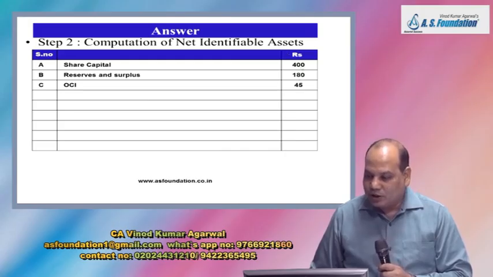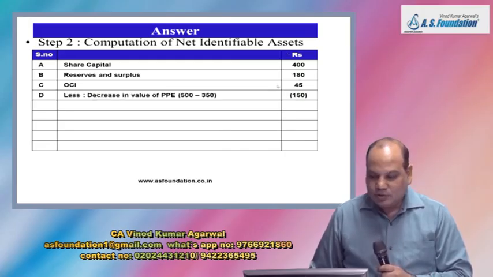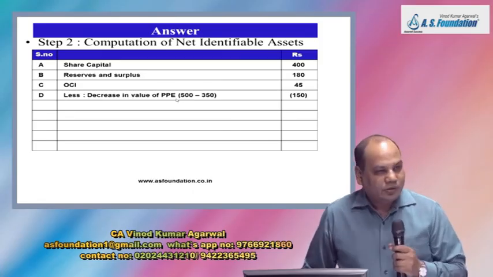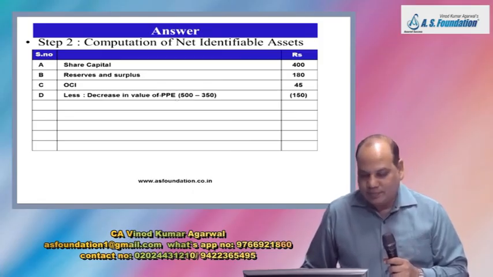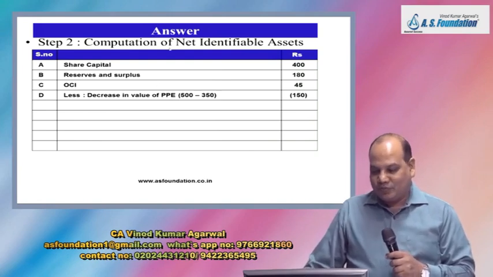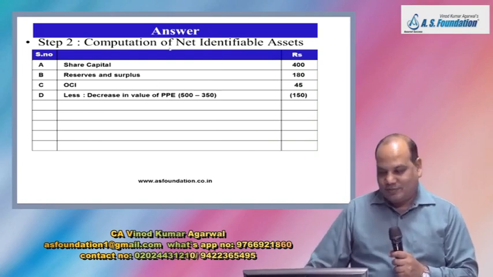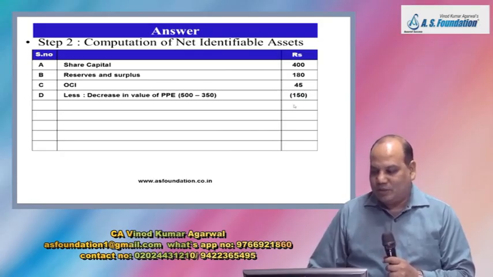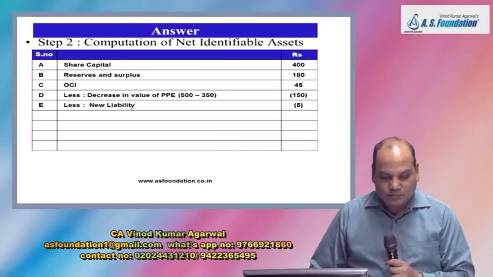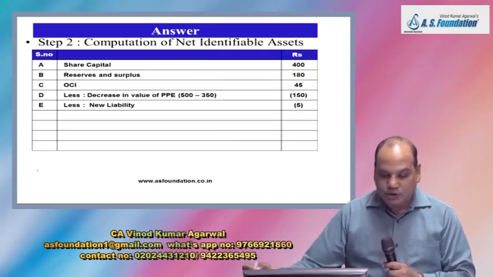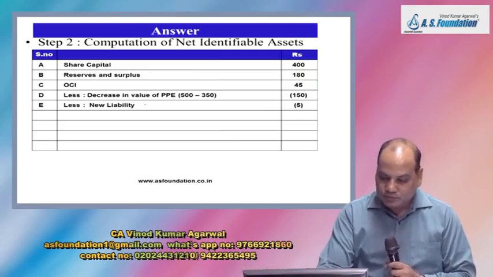Then write down less decrease in value of PPE. Decrease in value of PPE, 500 minus 350, in bracket 150. Less new liability. What is that new liability? Provision for lawsuit.